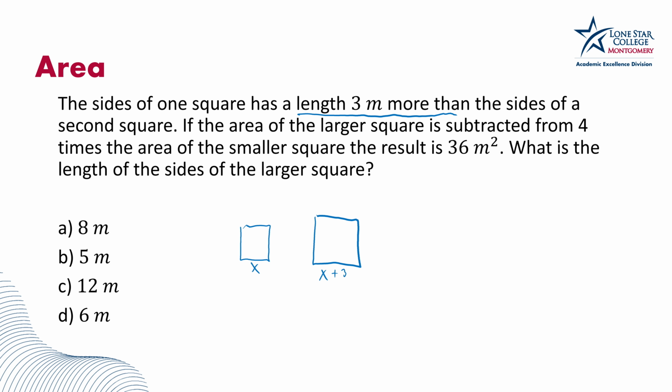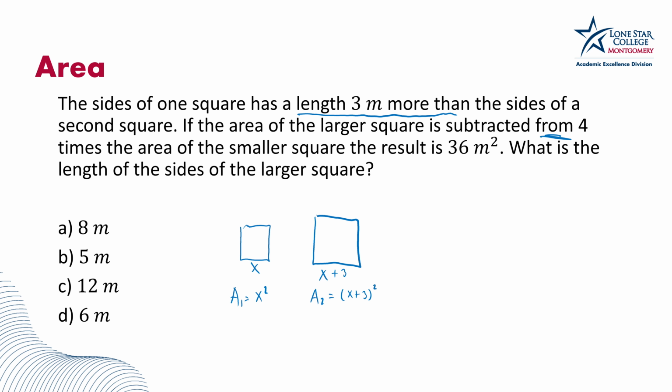Now it says if the area of the larger square is subtracted from, that's the key thing, from 4 times the area of the smaller square, the result is 36. Remember, the area of a square is always side times side. So the area of the smaller square, we call this A1, would be x squared, and the area of the bigger square, A2, would be x plus 3 squared.